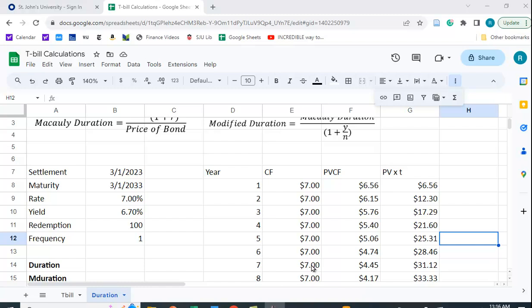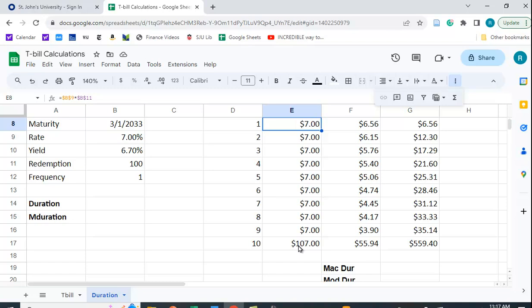Over here I did it the long way. I calculated the cash flow. The cash flow is going to be equal to the coupon rate times the redemption value: 7% times 100, $7. And in that last year you get the $7 and you get back the redemption value.